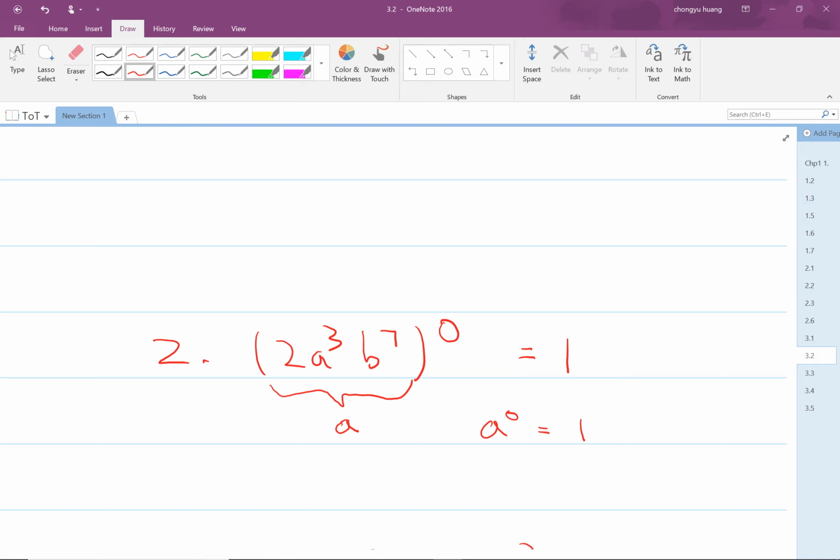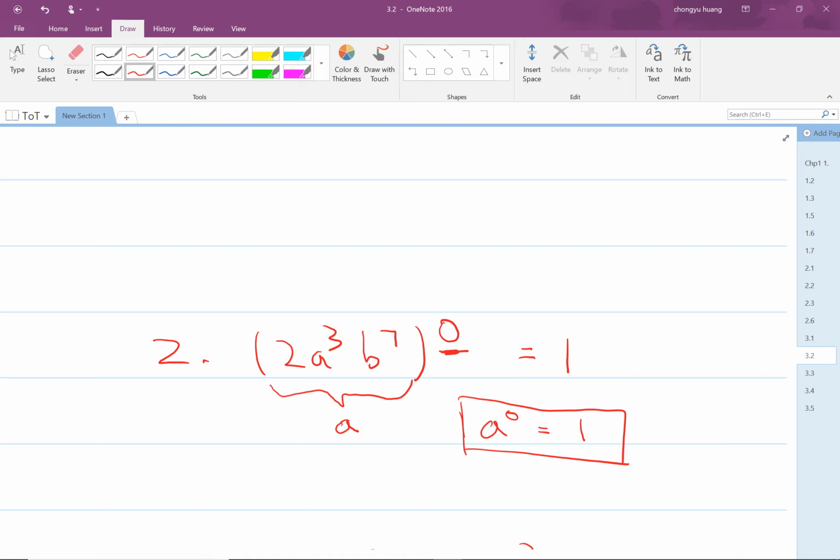So remember the property we just talked about before: a to the power 0 is equal to 1. So we have a 0 over here, and we have a term inside. When you see this term, we just see it as a itself.